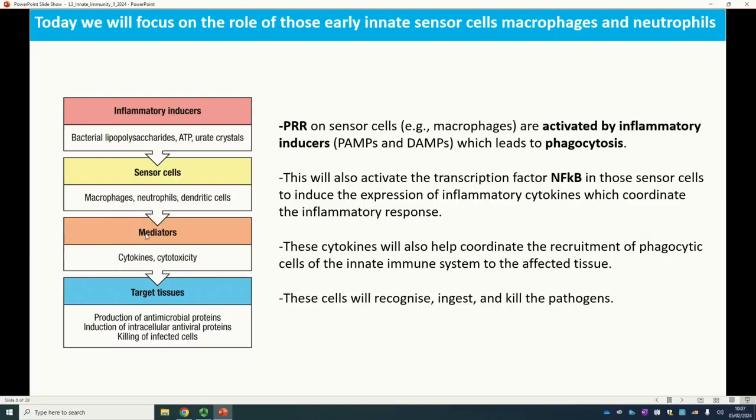And these will help to coordinate, but also recruit phagocytic cells, so our neutrophils, into that infected tissue and mediate all aspects of inflammation. And then the recruited neutrophils will propagate that phagocytosis of the infected area and help to clear and isolate any pathogens that are within the tissues.